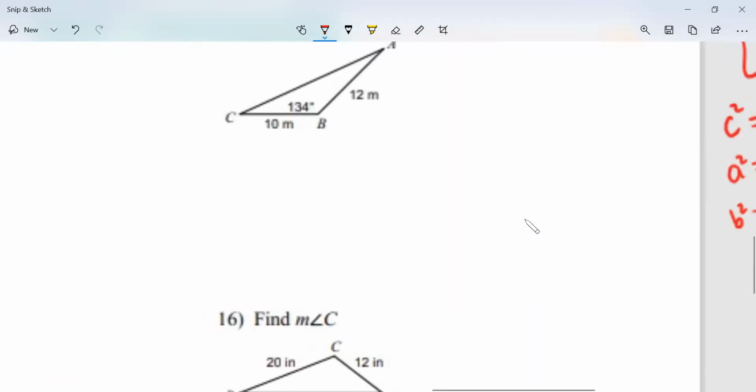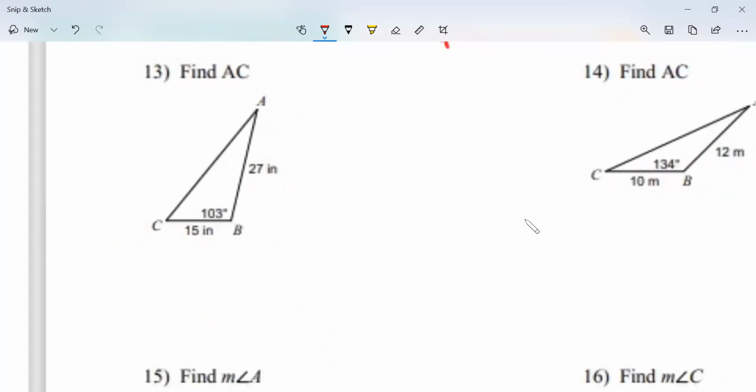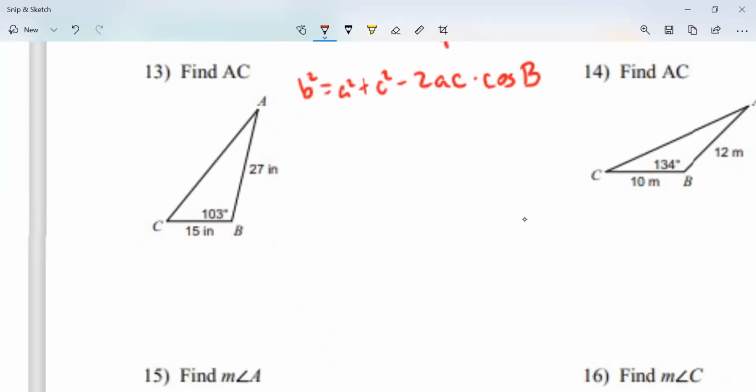So let's take a look at question number 13. I'm given angle B. Just to remind you of the formula, it's going to be b squared is equal to a squared plus c squared minus 2 times a times c times cosine of angle B. I'm looking for the side because it says find AC, which is this side.